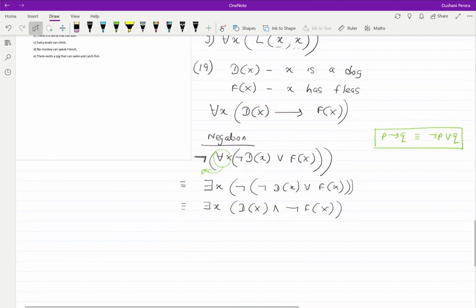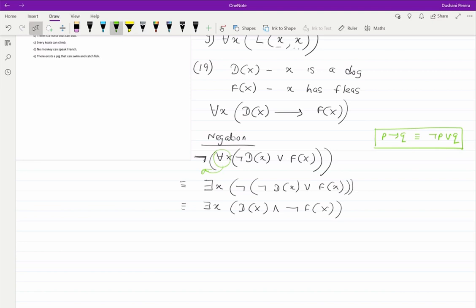Now how do we write this in simple English? If all dogs have fleas, then how do we negate it? If all of the dogs in the world have fleas, as a counter argument, what we can say is there's at least one dog who doesn't have fleas. So that's how we negate it.